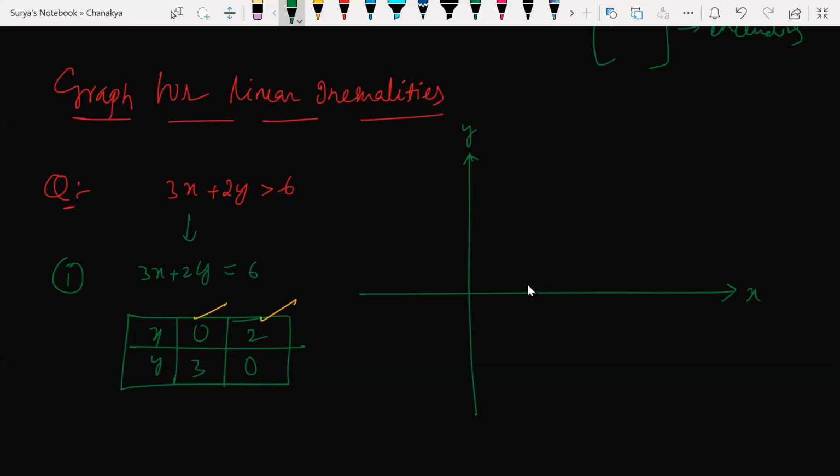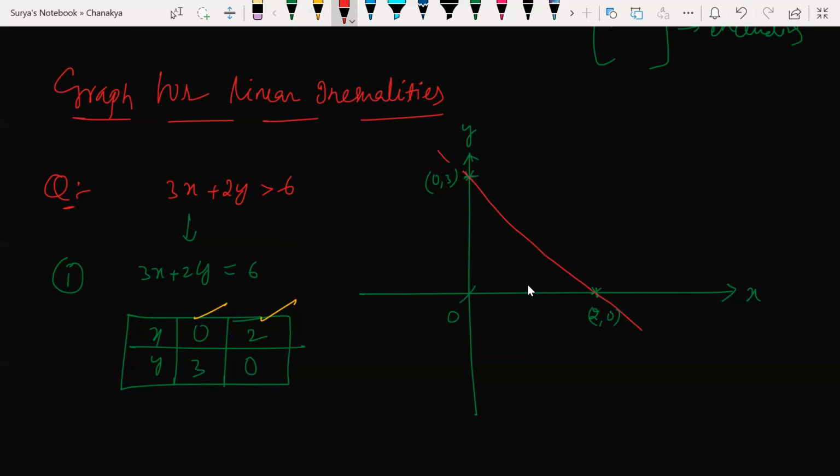So 0, 3 is going to be here. And 2, 0 will be somewhere here. Now I'll be joining these 2 points like this.